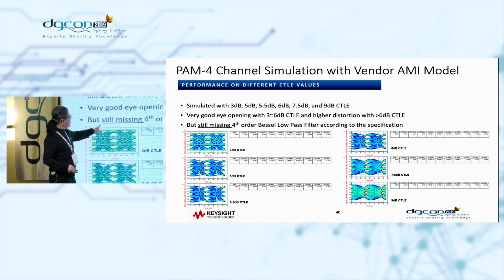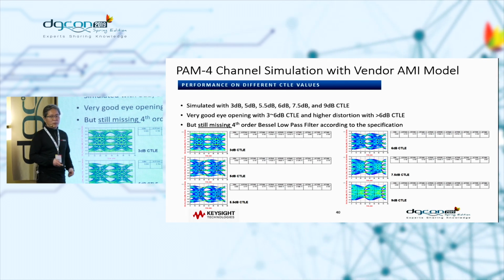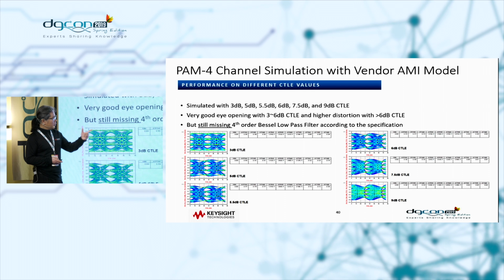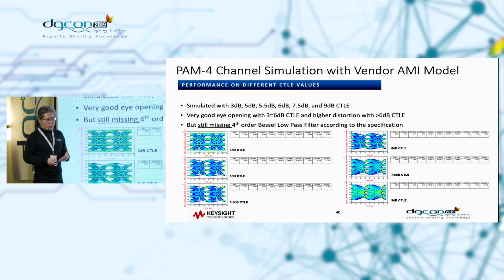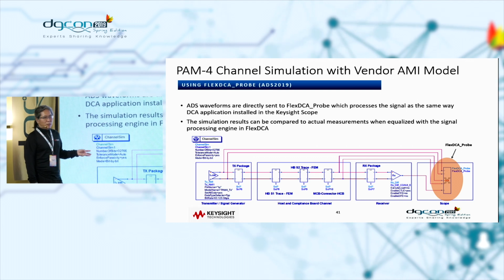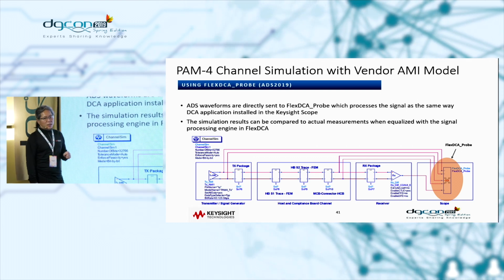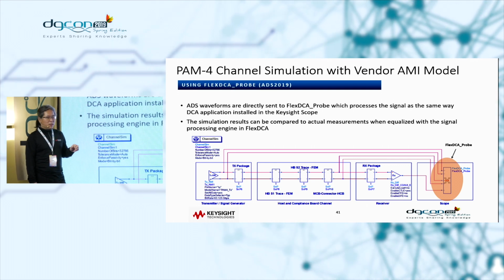But still, one of the problems was missing the fourth order Bessel low-pass filter, according to the specification. So here, finally, we made another capability which is called a FlexDCA probe in ADS.